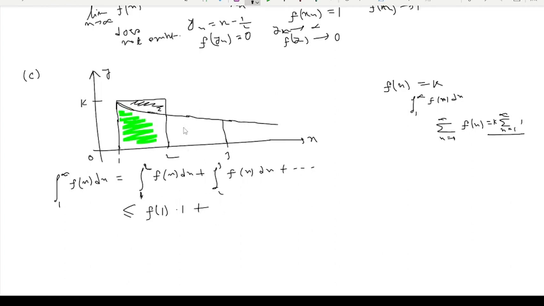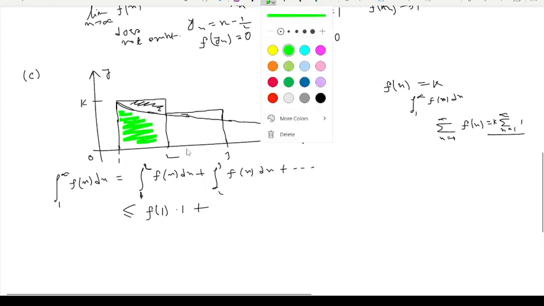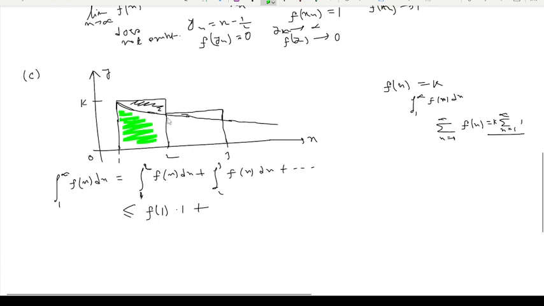And similarly, if we draw this rectangle from f(2), integration 2 to 3 f(x) dx is this region, and the area of this rectangle will be f(2) into this length 1. If f is constant, there will be no portion here, it will be equal.